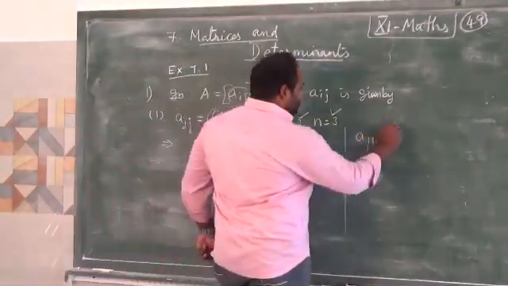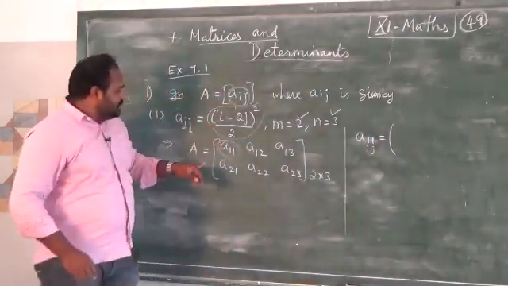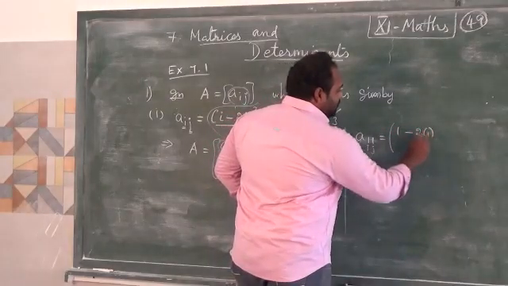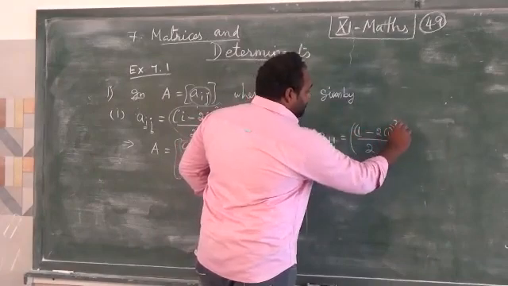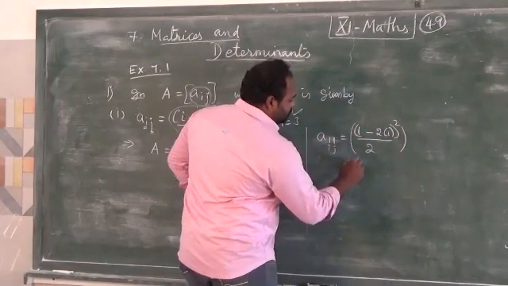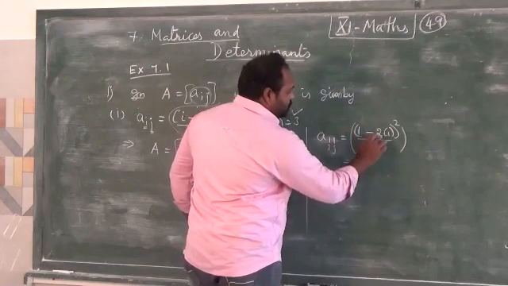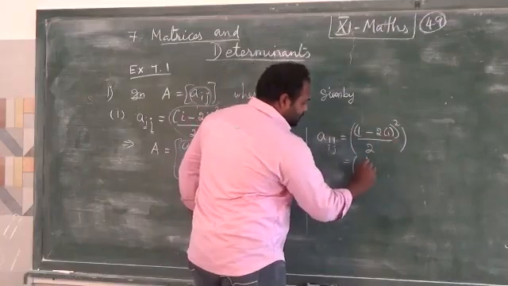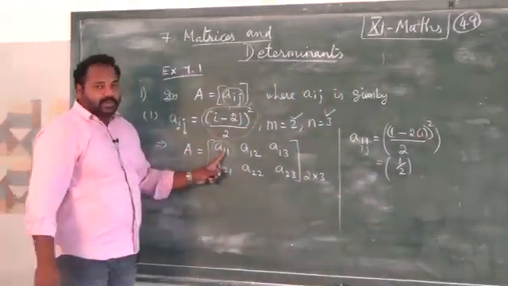So here we take this format: (i minus 2j) whole square by 2. Instead of i we have 1, minus 2 into 1, whole square, divided by 2. 1 minus 2 is minus 1, squared is plus 1, so A11 is 1 by 2.